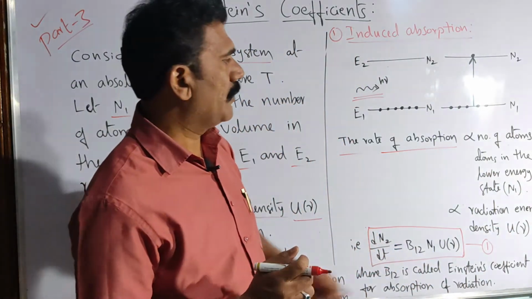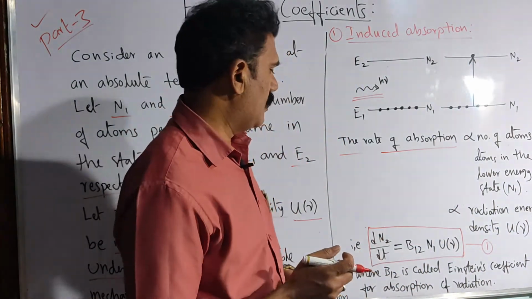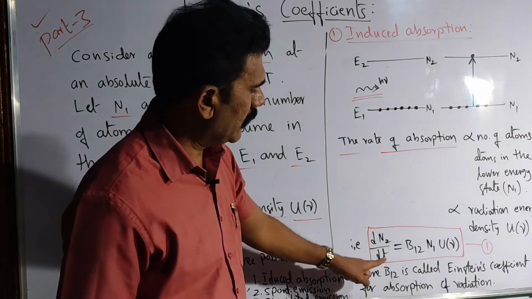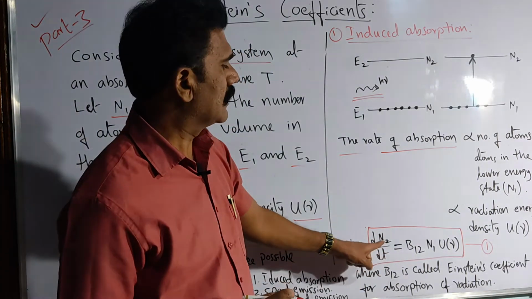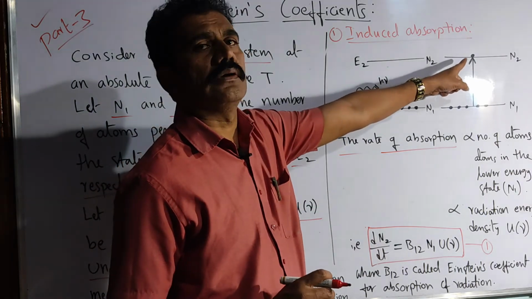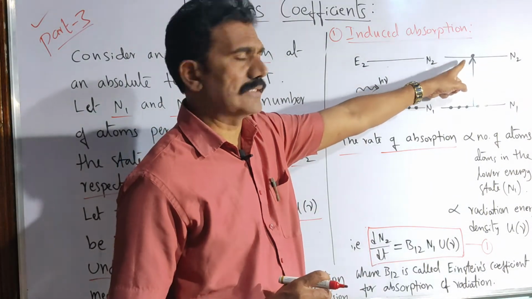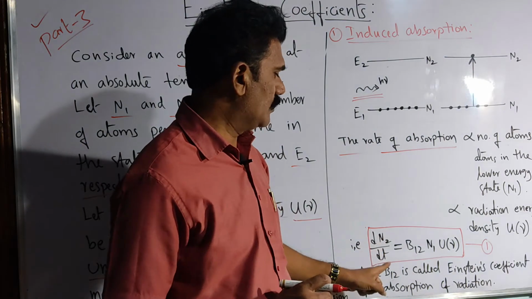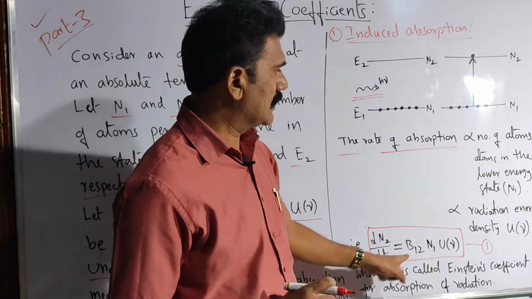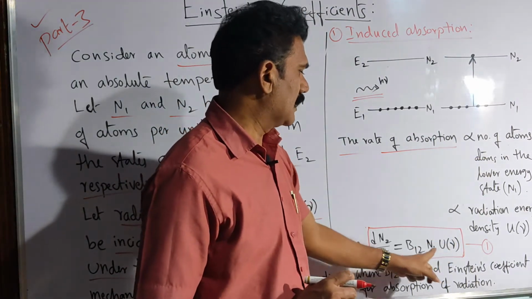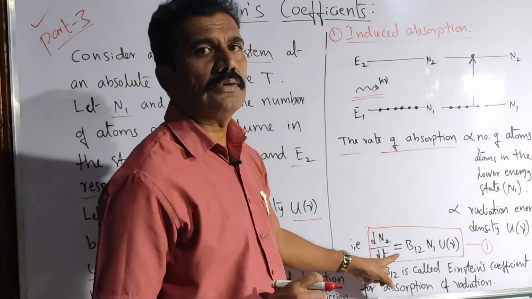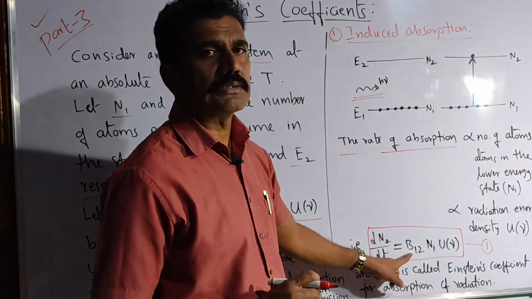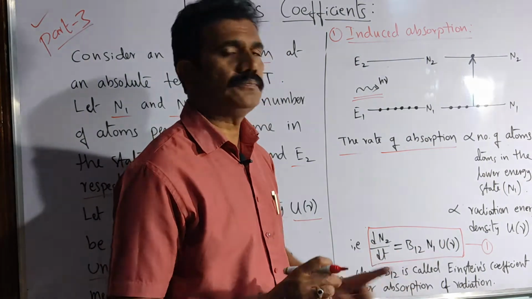Clear? Now combine these two dependencies in the form of an equation like dN2 by dt, that is the rate of absorption, where there is an increase in the number of atoms in the excited state. So that is equal to, now the proportionalities are N1 and U of nu. If you write it in the form of an equation, you will come across a proportionality constant called B12.